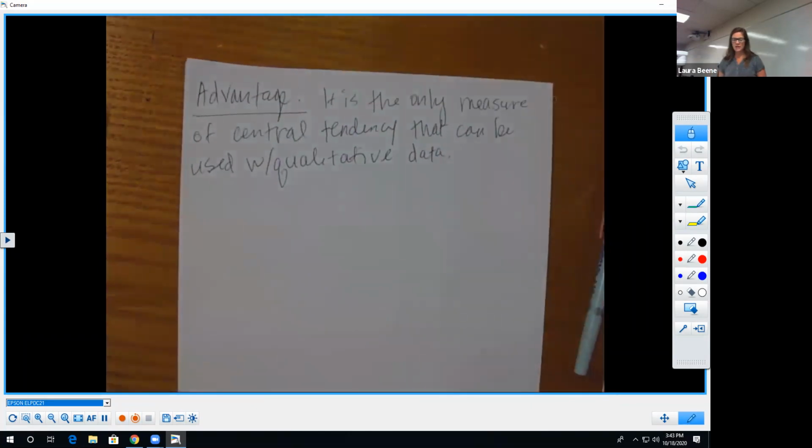Okay, so qualitative data, just a reminder, is data that doesn't have numbers with it.